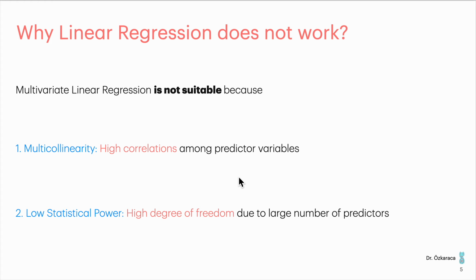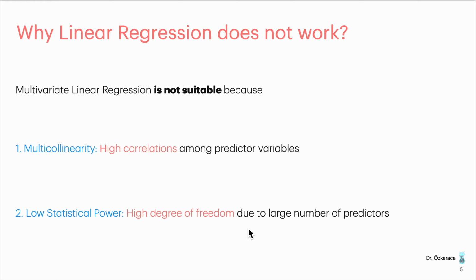Actually, this can be fixed by using penalty terms and some other methods. But the second problem is even more important in the GWAS setting, which is the low statistical power. Because of the high degrees of freedom due to the large number of predictors, you have very low statistical power to detect anything, which is the fundamental argument in the GWAS.